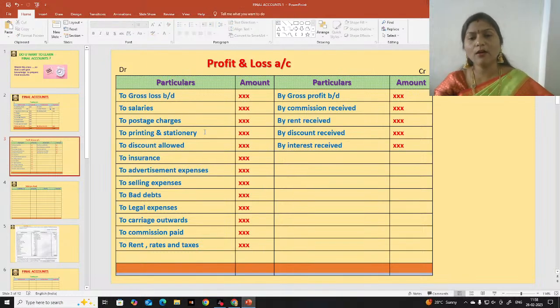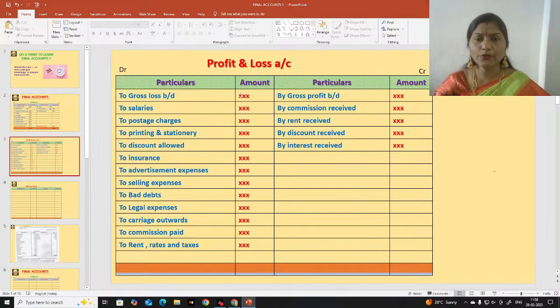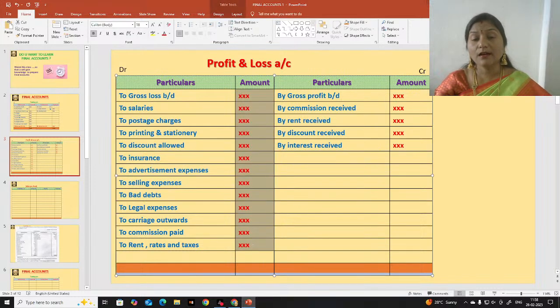Okay, after recording all these items, then what you have to do is balance the profit and loss account. How to balance profit and loss account? You should always check the totals. Credit side total, if you do the totals of these credit side values, suppose you are getting 50,000, credit side total is 50,000 for example, and debit side total, if you do debit side totals, suppose you are getting 45,000. Credit side 50,000, debit side 45,000.